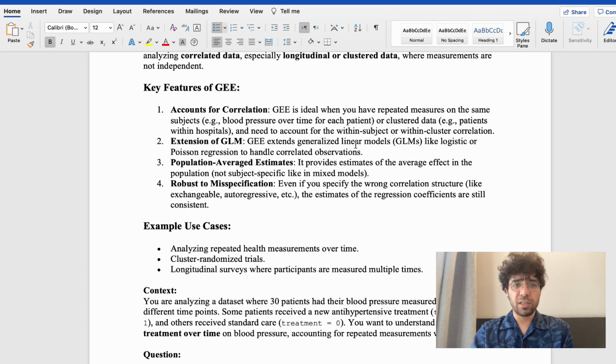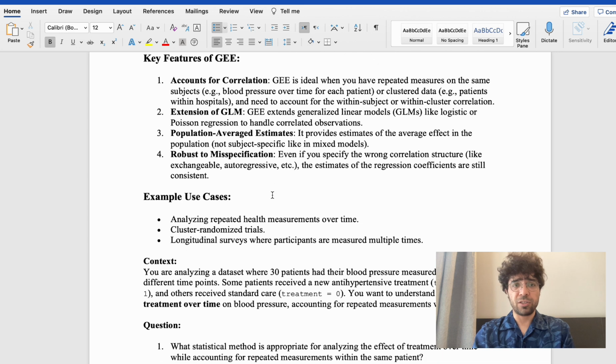It is an extension of the generalized linear model, like logistic or Poisson regression, to handle correlated observations. Later we will get back to here. It provides population average estimates of the average effects in the population, and this is robust to misspecification.